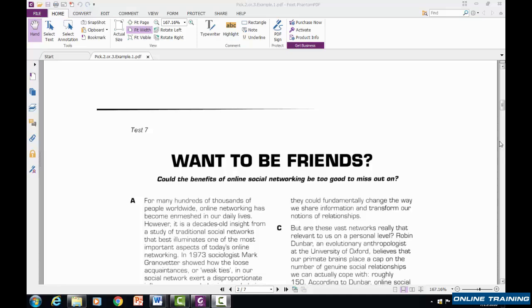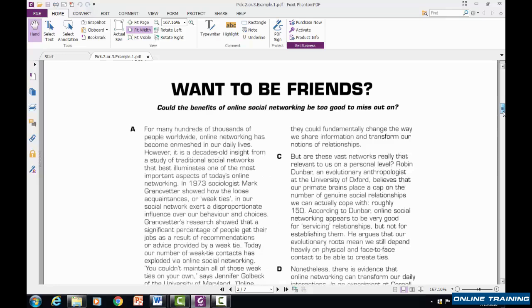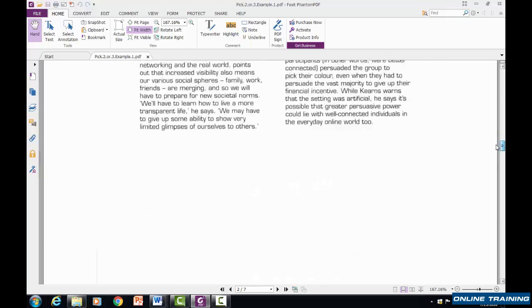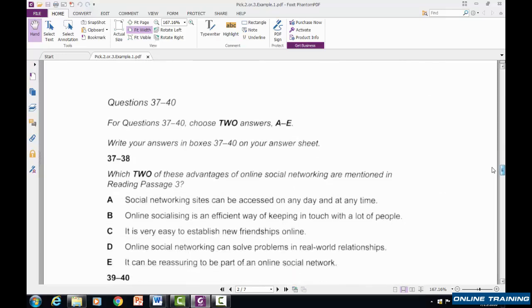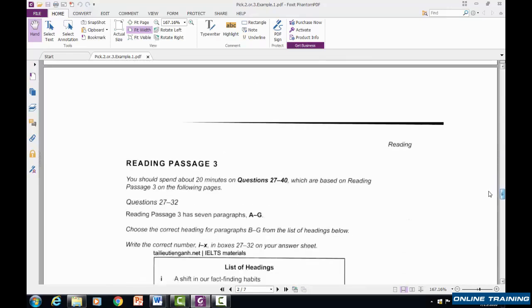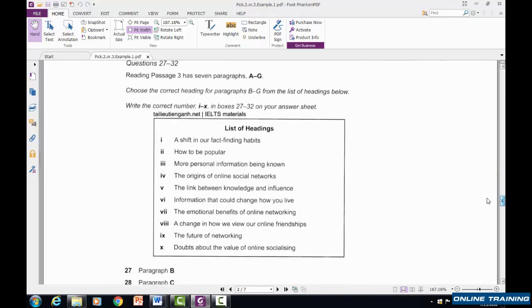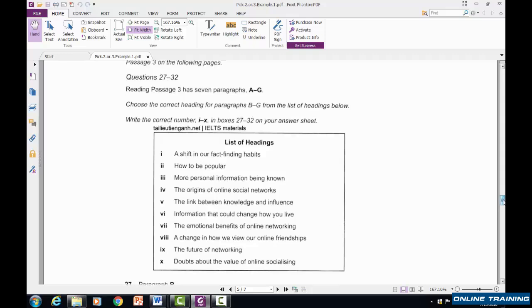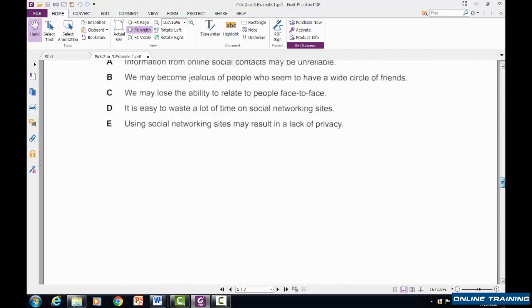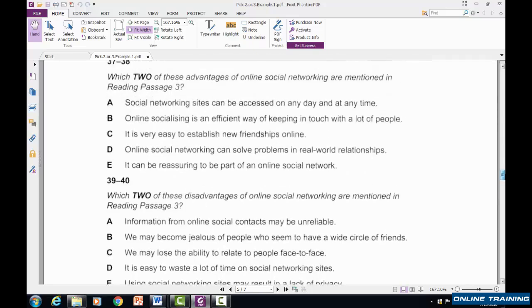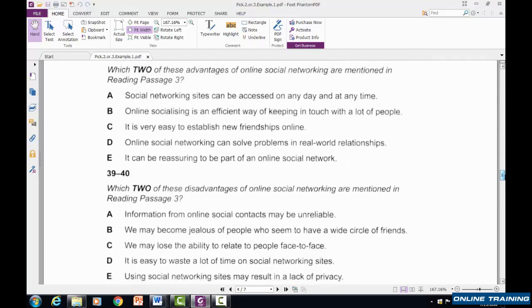So the way I would do this: here we have a pick two or three from a list question, and we also have a headings question, right? I would do my headings question first, and there's also a fill the blank question. Do the heading and fill the blank question first, and then come back to this question.